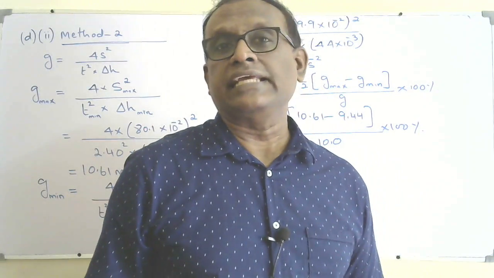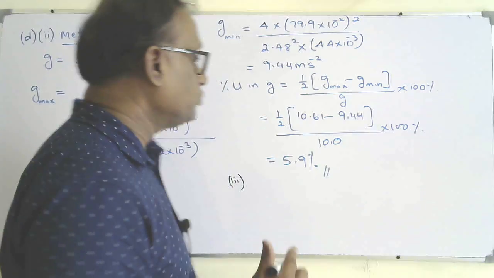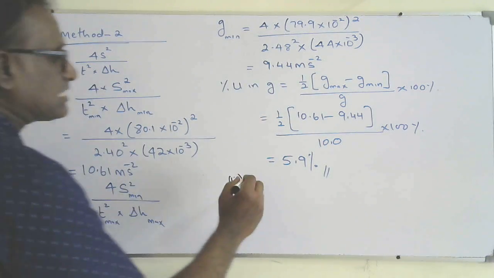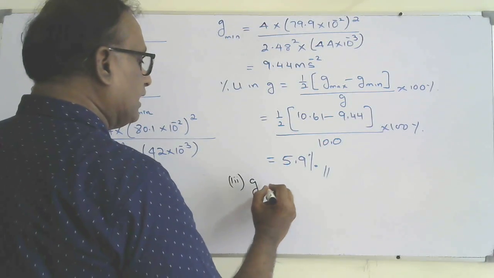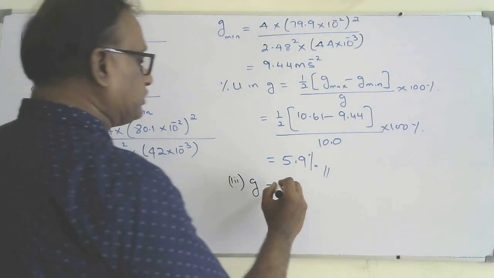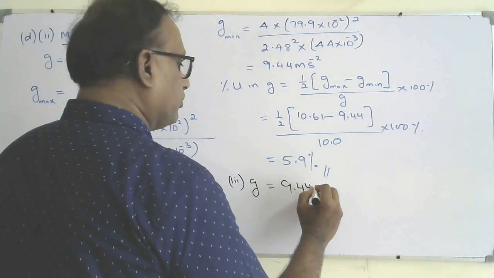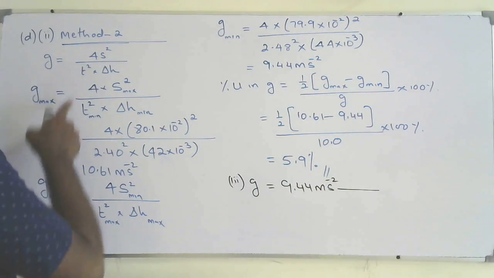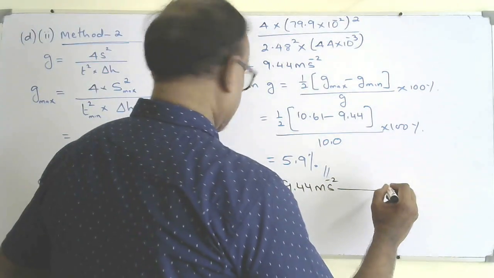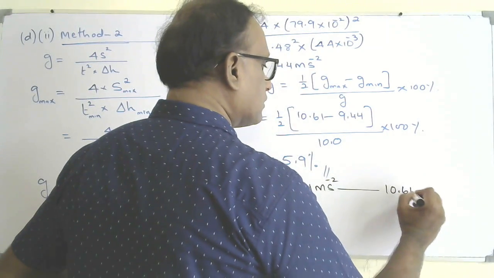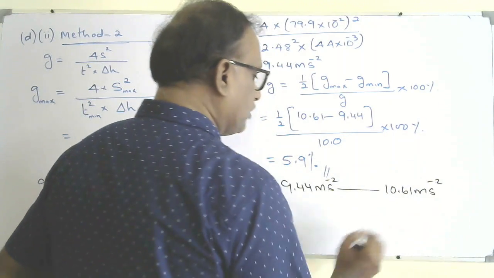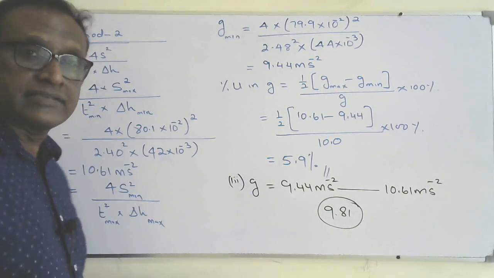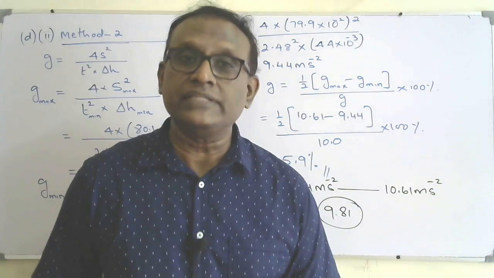You know the actual value of G is 9.81. The experimental value of G is in the range of 9.44 meter per second square to 10.61 meter per second square. The actual value 9.81 is falling within this range.